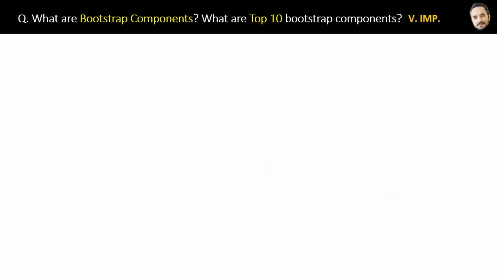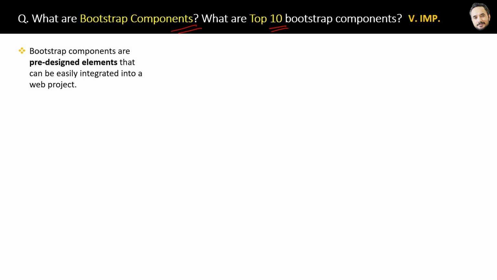What are Bootstrap components? What are the top 10 Bootstrap components? Now this is a bit theoretical question, but we should know the most important Bootstrap components. Bootstrap components are pre-designed elements that can be easily integrated into a web project.